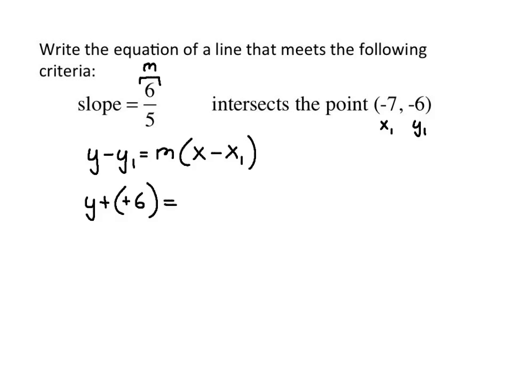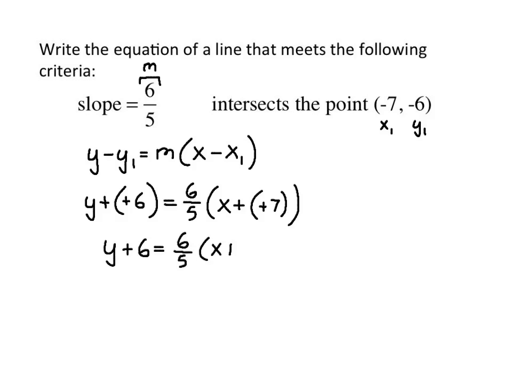Then I can see that the m value here is 6/5 times x minus, and again we have to be careful, I'm subtracting a -7, so when I subtract that negative, this really turns into addition as well. So that means our final form is going to be y plus 6 equals 6/5 times x plus 7. And that'd be our final point-slope form equation.